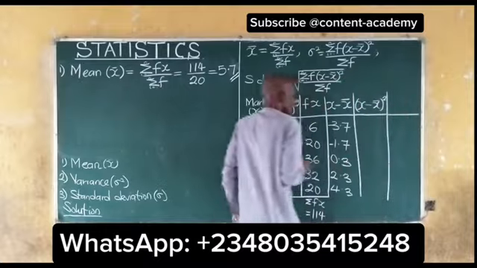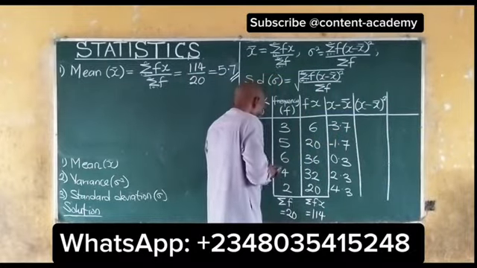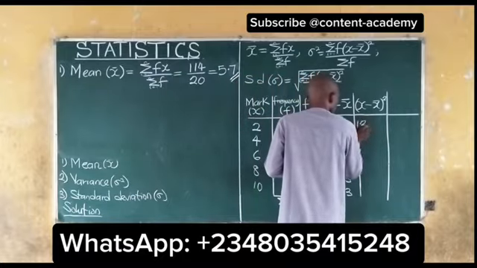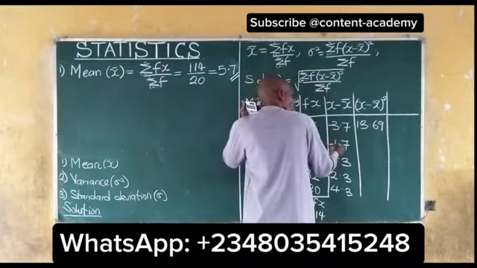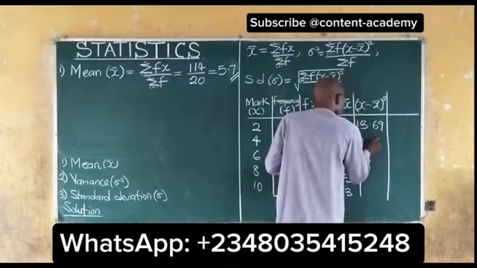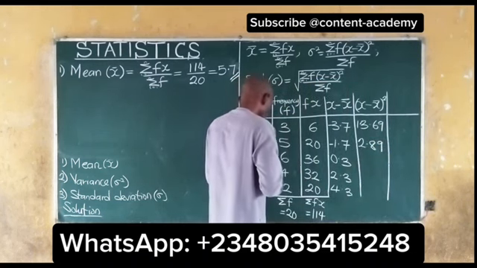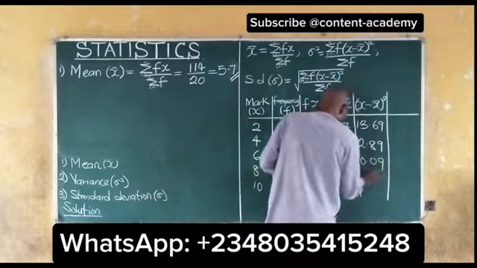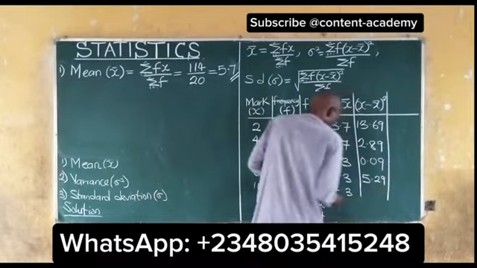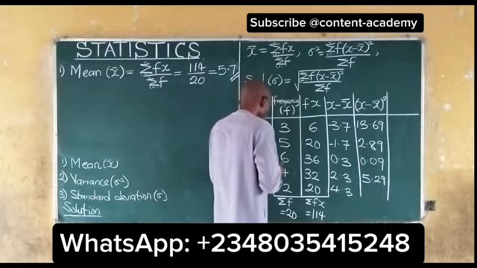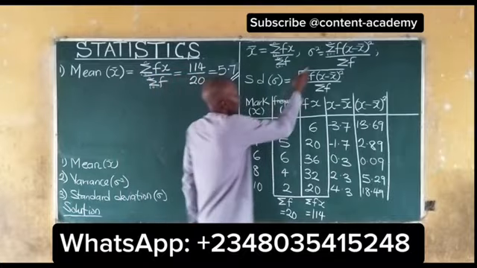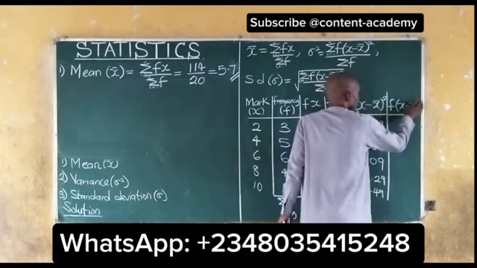It means we have to square these values. So negative 3.7 squared is 13.69. Negative 1.7 squared, we have 2.89. 0.3 squared, we have 0.09. 2.3 squared, we have 5.29. And 4.3 squared, we have 18.49.